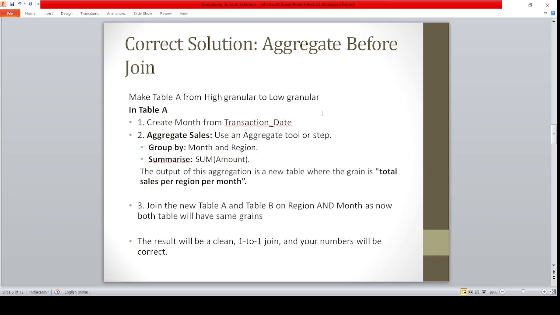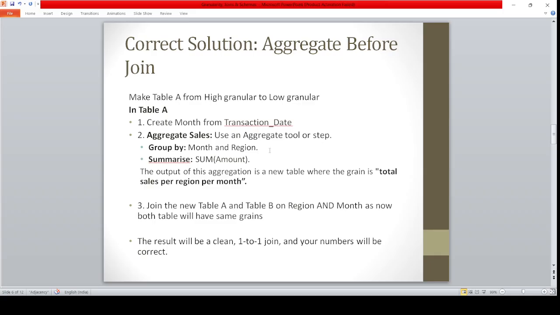In table A, create month from the transaction date and aggregate the sales.